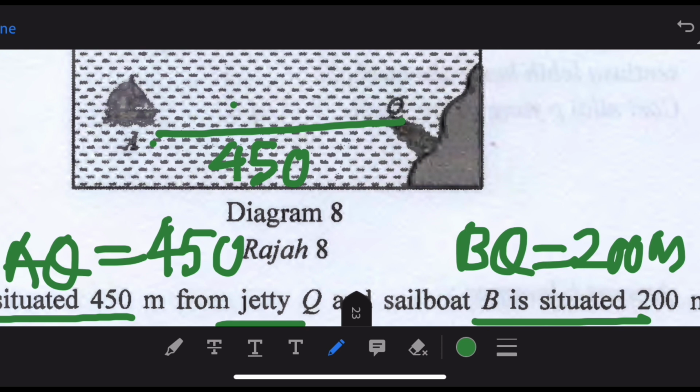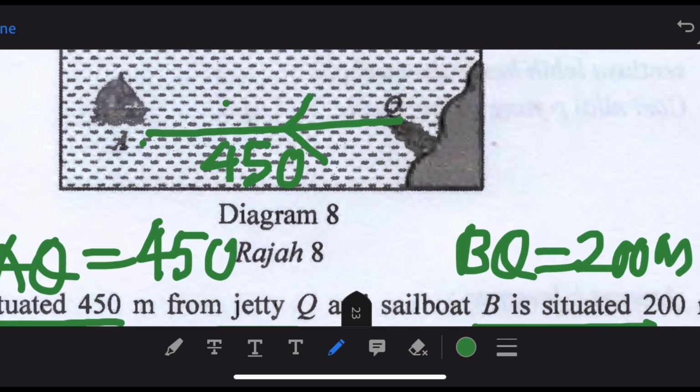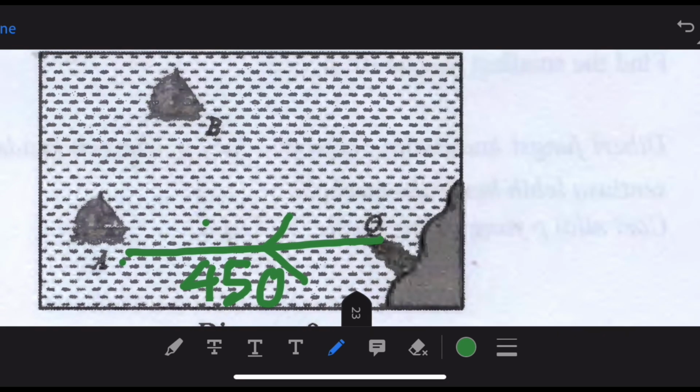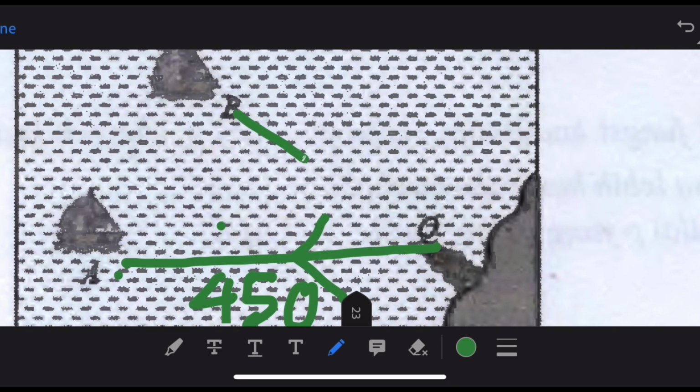And for the other one is 200, so we will make it equivalent to how many u and how many v. But before that, let's complete the direction from B to R and from Q to B. So we follow the direction given by the question. Then only we will solve the vector.